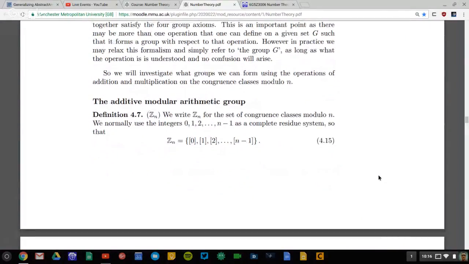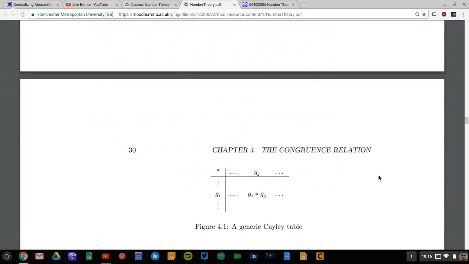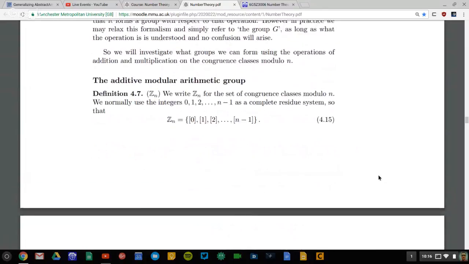So the set we're talking about, Zn, is the set of congruence classes. Okay, there are n of them. The usual standard representatives for them that we use are 0 through n minus 1. And we can check that all four of the group axioms are satisfied for this set.